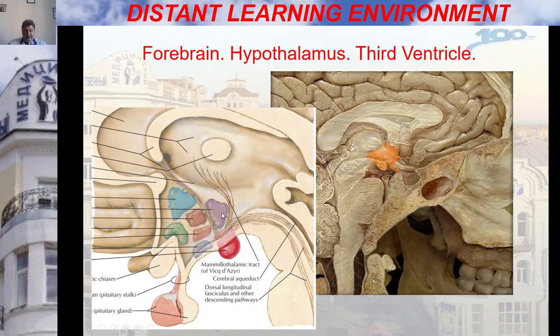Tuber cinereum is located in front of the mammillary bodies, you may see here in orange color. This is an unpaired hollow projection in the floor of the third ventricle and consists of a thin plate of gray matter.